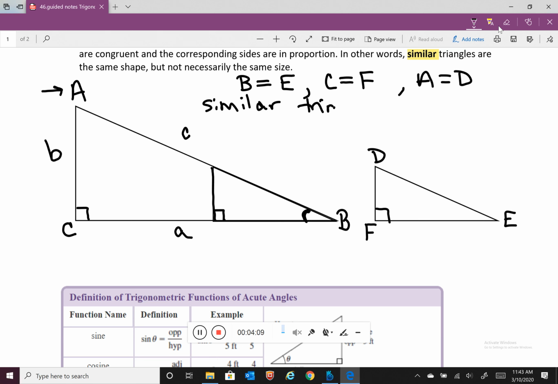And so, by the definition, they have to have proportional sides.